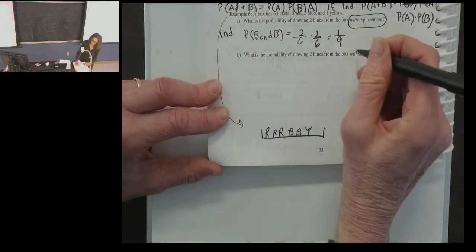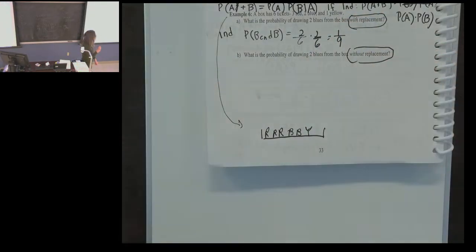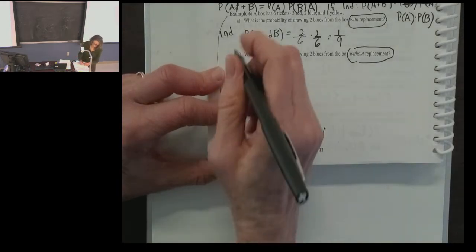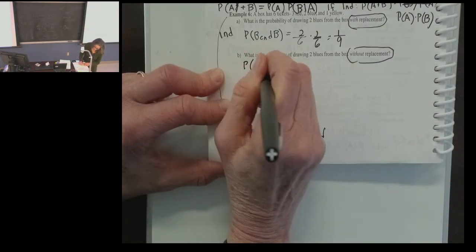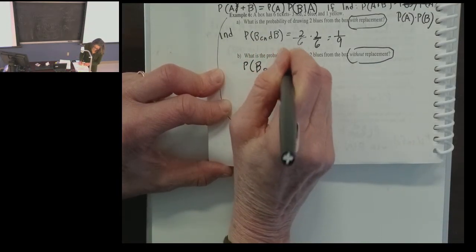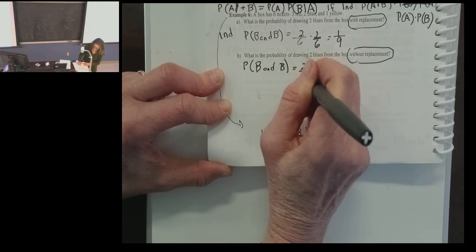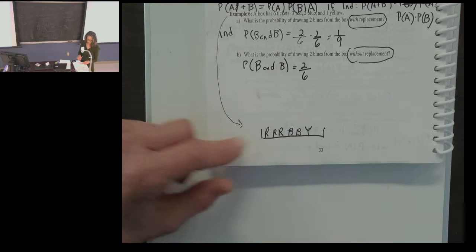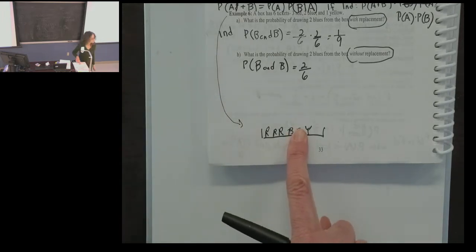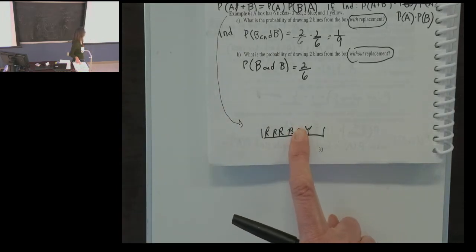But what if we do the same thing without replacement? Then we have to think, okay, the probability of blue and blue. Well, the first event remains the same, blue. But now we don't put it back. So now it's going to change. What's the probability of getting a blue now if we don't put that back?